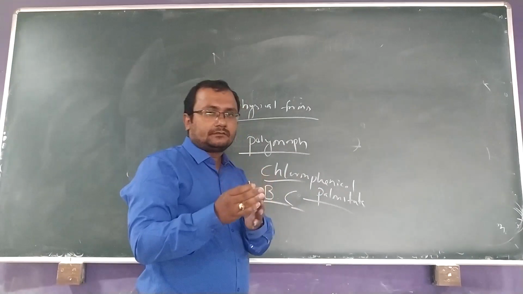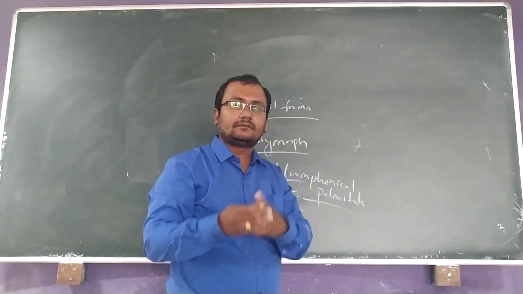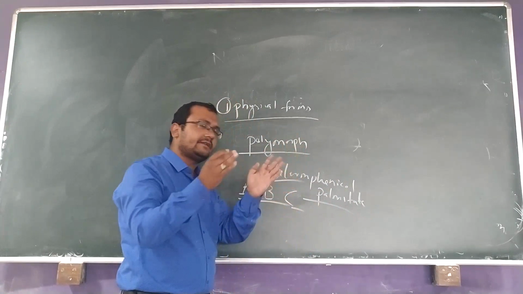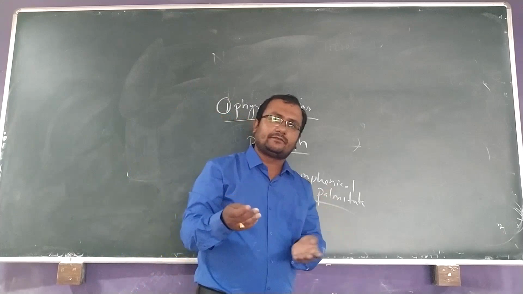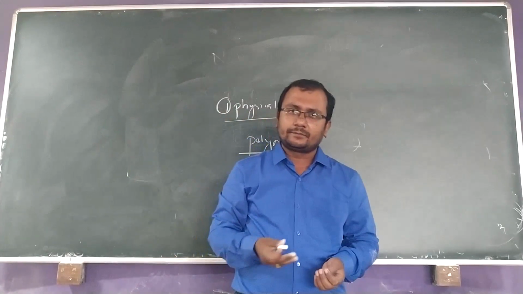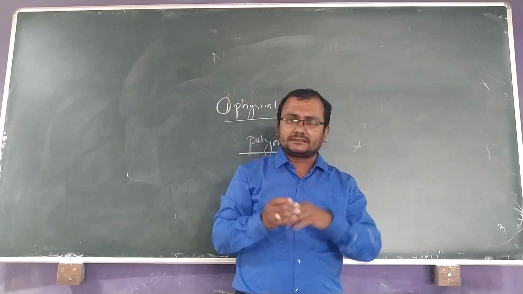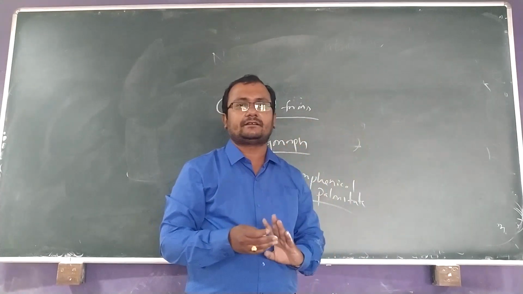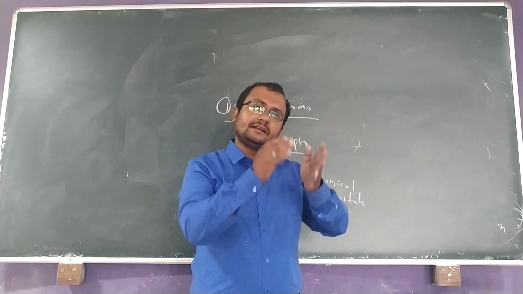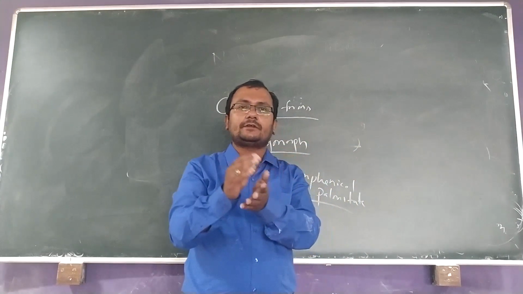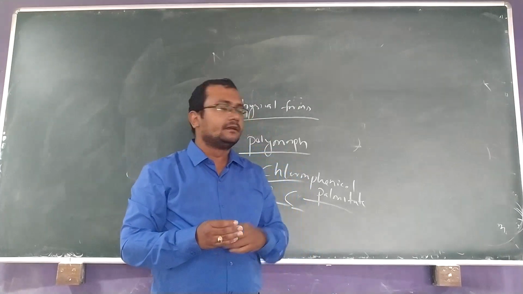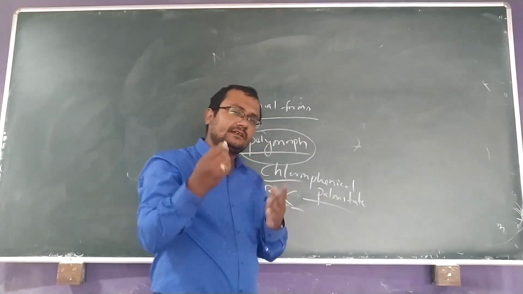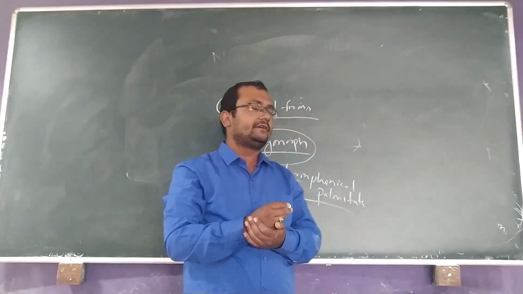One form is stable, another form is unstable, and another form is metastable. Generally for every type of polymorph, there may be a stable form, unstable form, and metastable form. Stable form means we can store it for a long time. Unstable means we cannot store it. Metastable means it is a stable form, but slowly it will become unstable. So this type of polymorph will affect our formulation, dissolution, and bioavailability also.